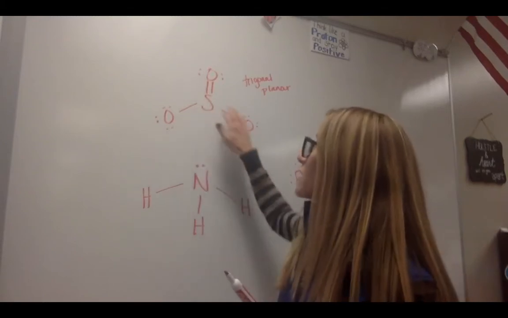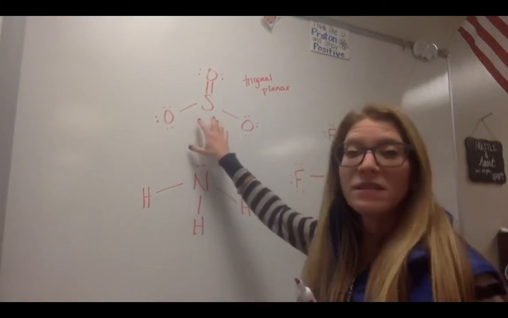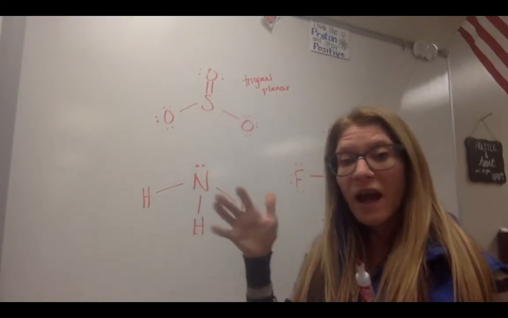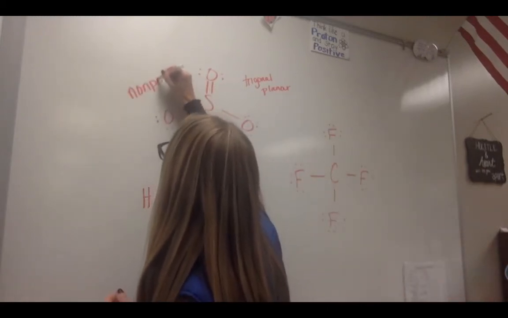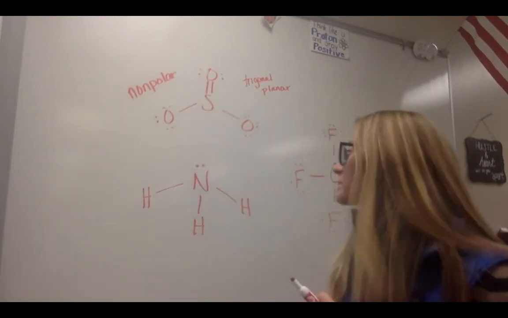So these three are going to be equally spaced, which means it'll be symmetrical. When you have a symmetrical molecule where all three atoms are pulling equally, that pull is going to cancel out, and this would be a non-polar molecule.